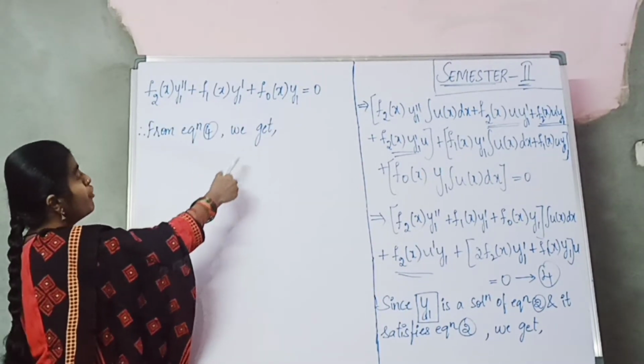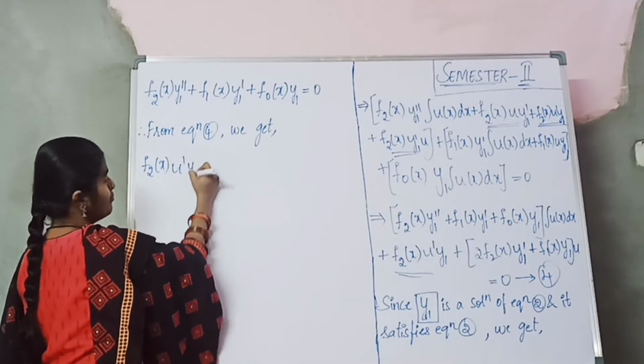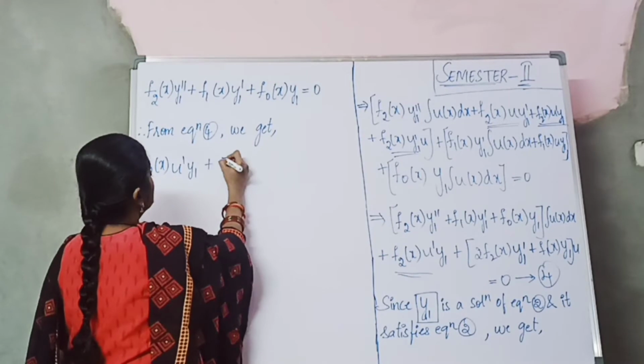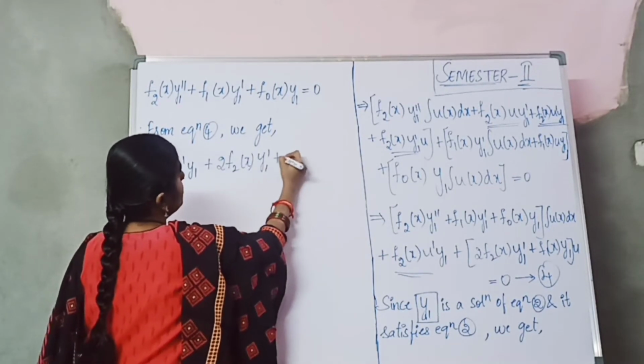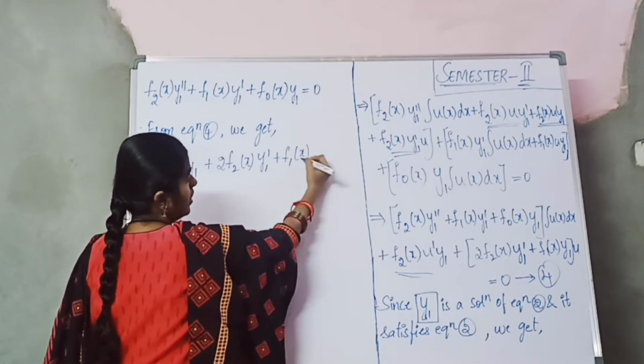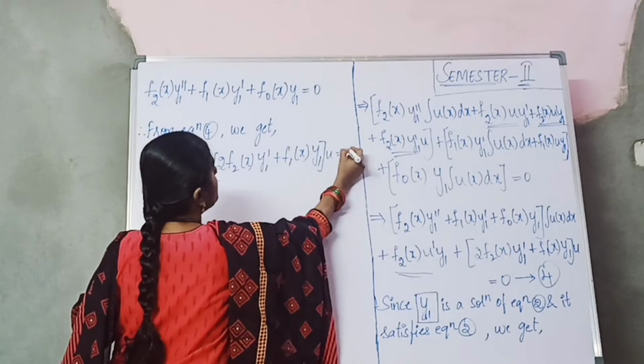Therefore from equation 4 we get f2(x) u' y1 plus 2 f2(x) y1' plus f1(x) y1, into u, equals 0.